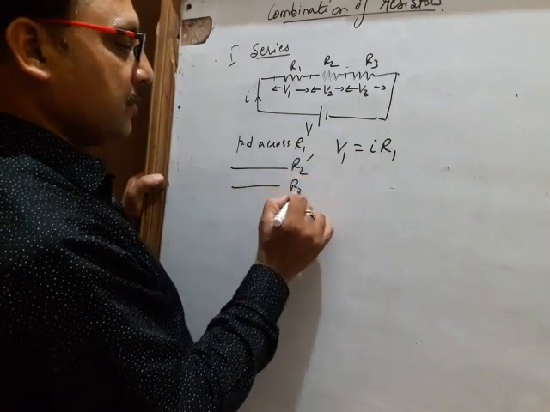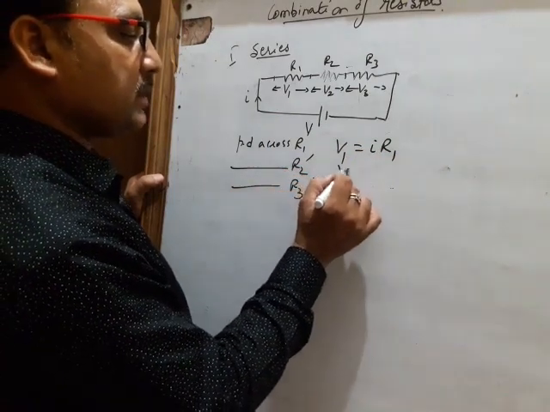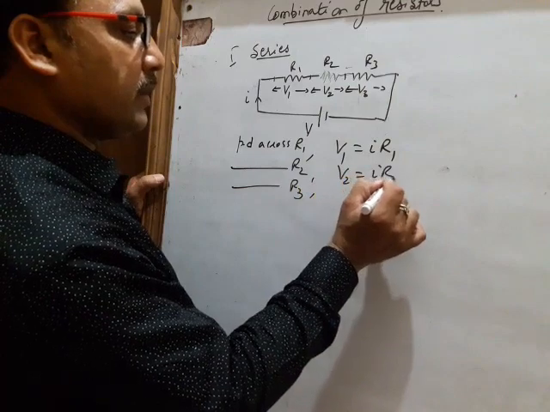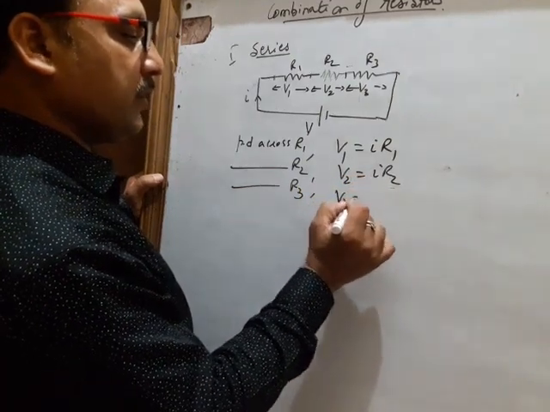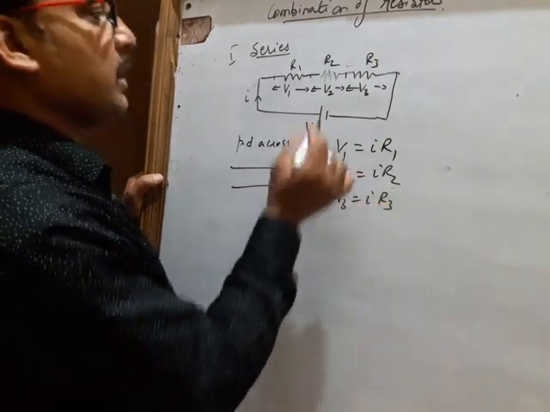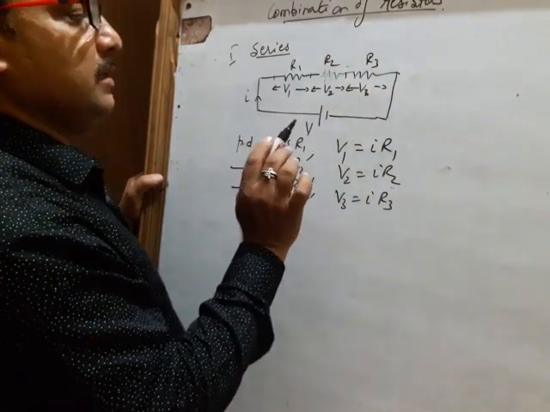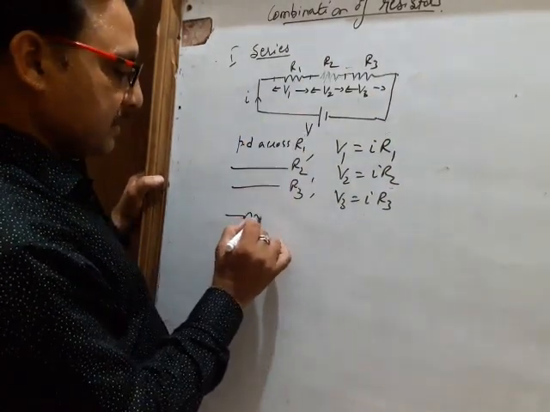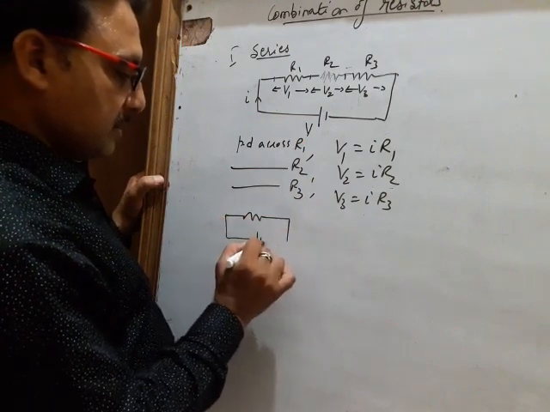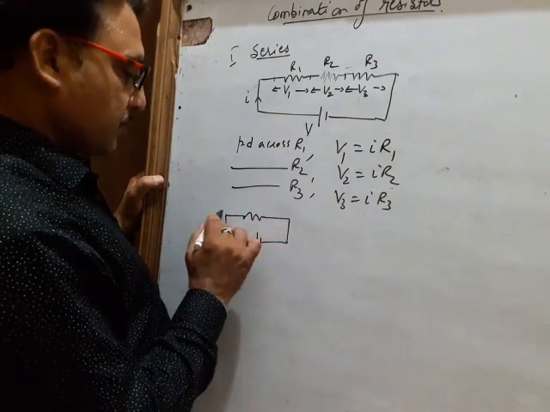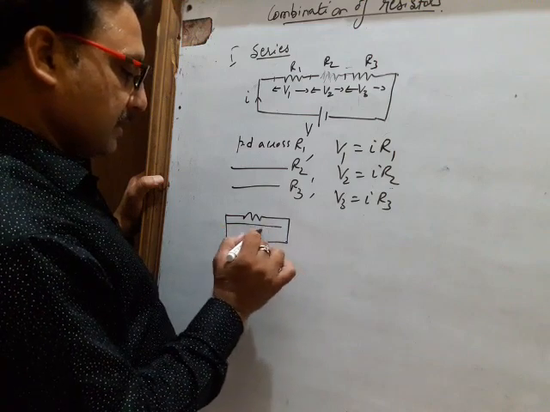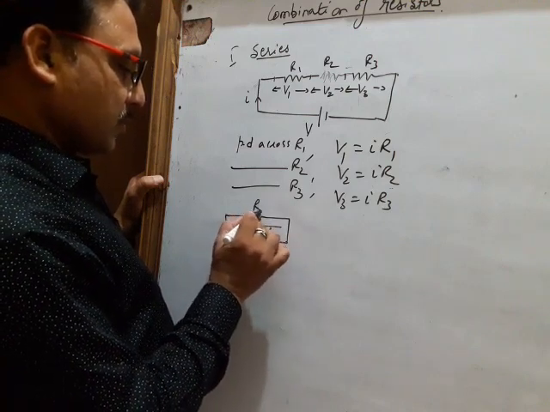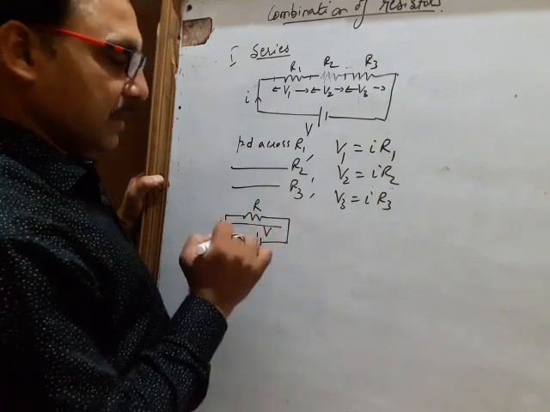Likewise for R2, R3, V2 equal to I R2, V3 equal to I R3. If I replace all these 3 resistors by a single resistor, and the potential difference is V, suppose this is R and this is of course I, the current going.